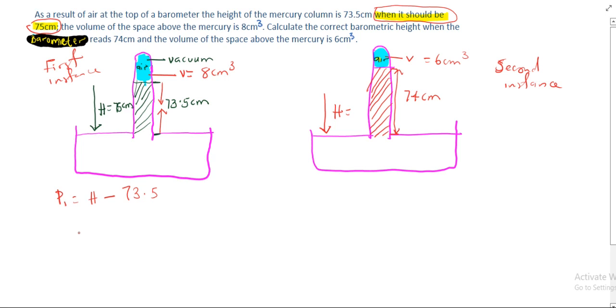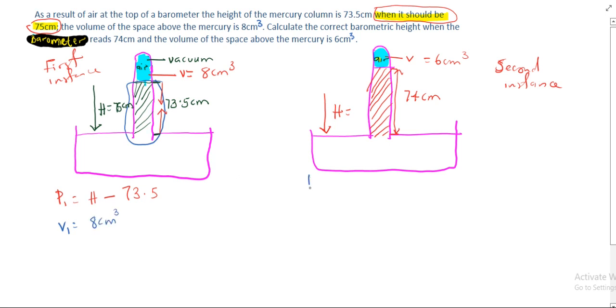So the pressure on the air column is the atmospheric pressure minus the height of mercury column, while V1, the volume of the air column, is 8 centimeter cube, as we are given.